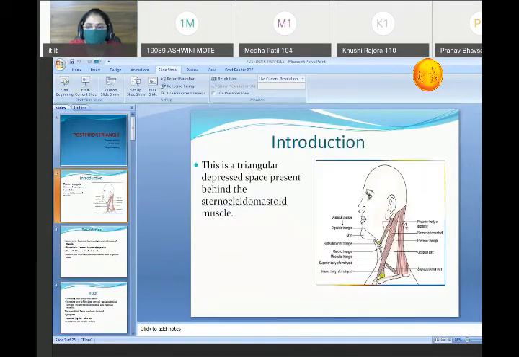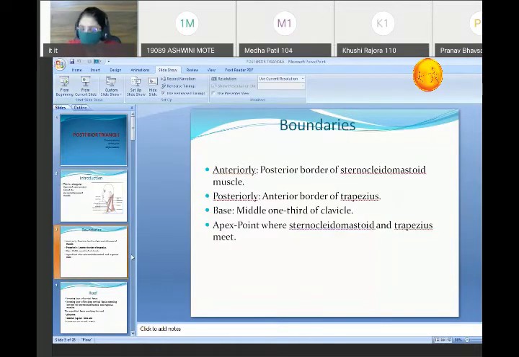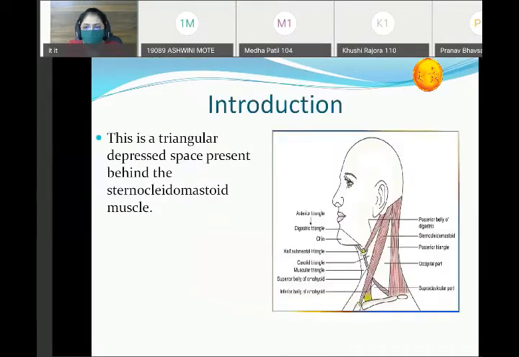So in this figure you can see this will be the posterior border of the sternocleidomastoid muscle. Posteriorly, the anterior border of the trapezius, and the base is formed by the middle third of the clavicle.